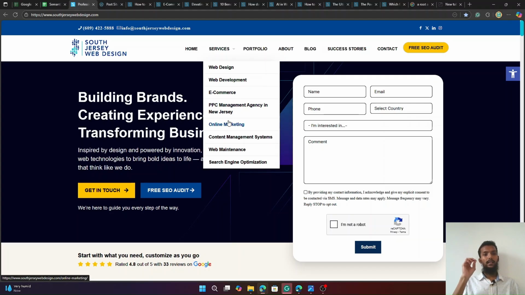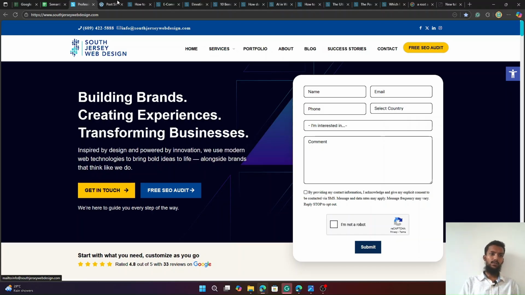So in this case they have multiple central entities, but as it is a web design EMD, an exact match domain, the main focus should be on web design and then the other services. I think they put web design at the top, and they are focusing heavily on web design. I think that's a good sign.